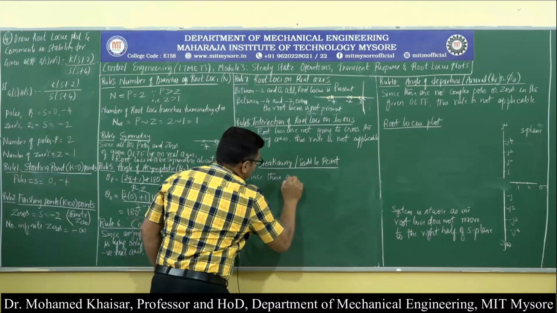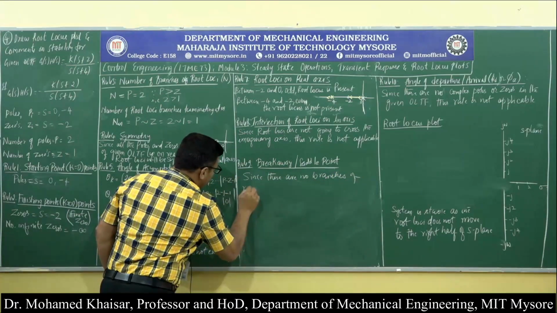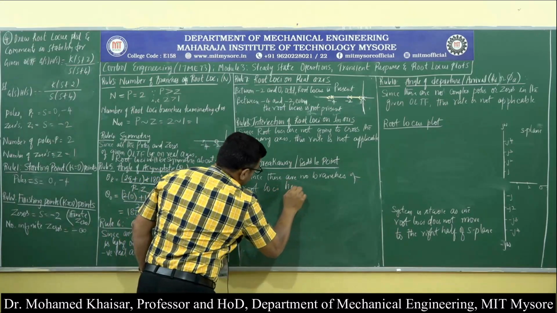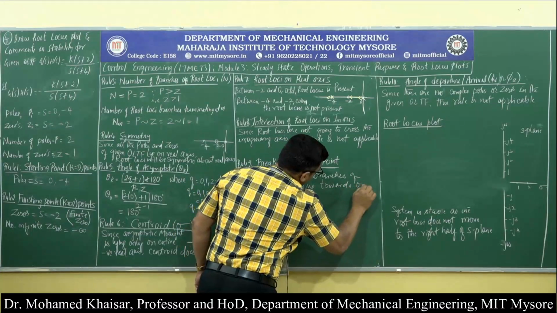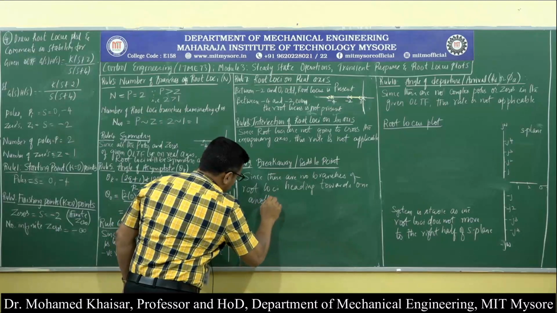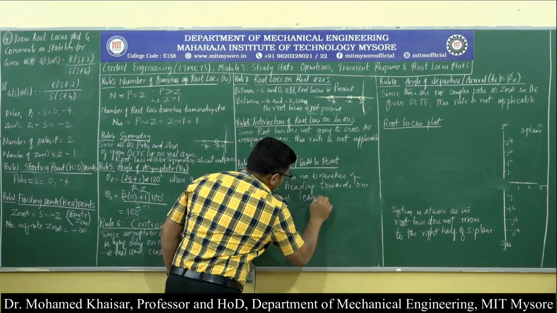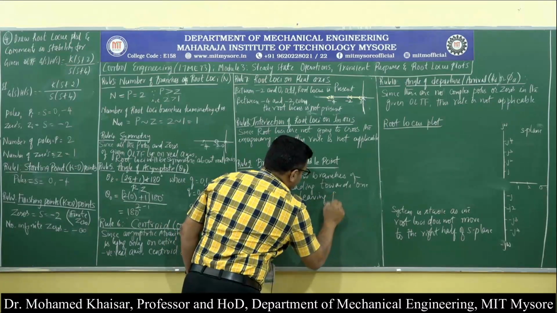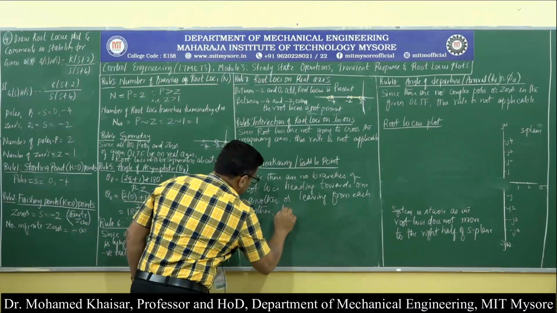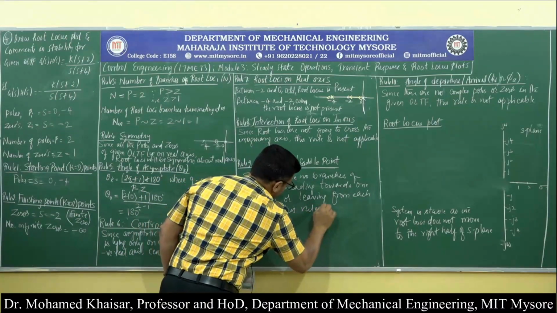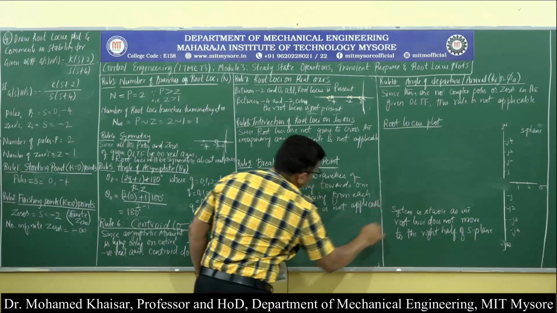So, since there are no branches of root loci heading towards one another or leaving from each other, this rule is not applicable.